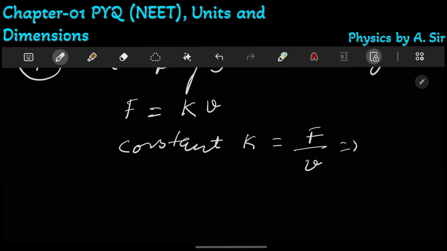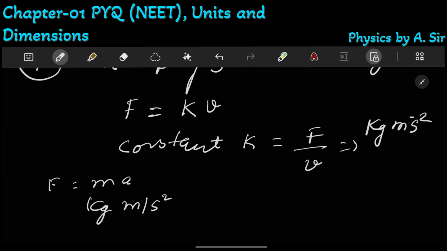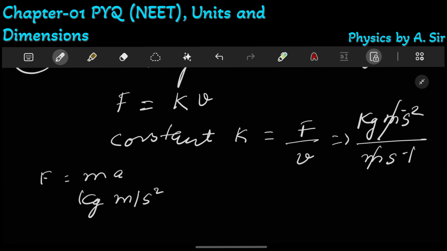So this one becomes unit of force is kilogram meter per second square, because second to the power minus 2, because force is mass into acceleration. So kilogram, if I have to calculate in SI system, kilogram meter per second square. And velocity is meter per second, so meter cancels out. So finally unit of k becomes kilogram second inverse.